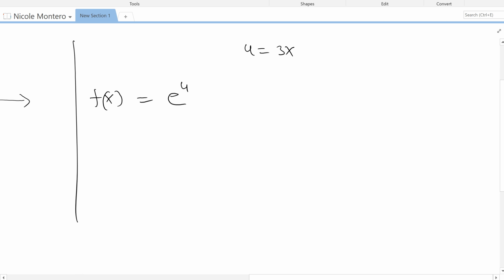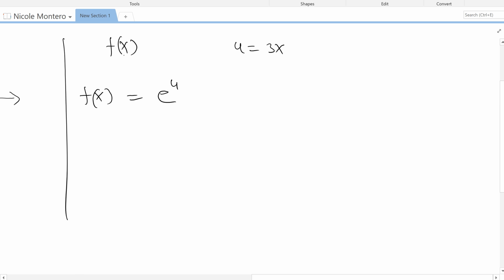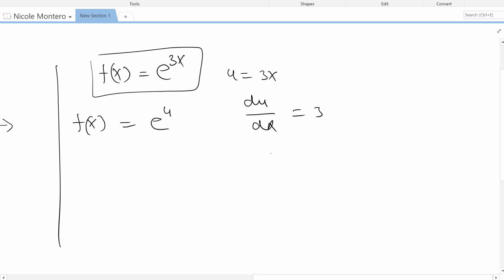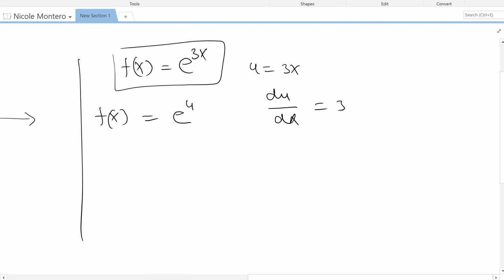For example, now that's the function, and I substitute u here, and now my u is 3x, and du over dx is going to be 3, right? So therefore du will be 3 dx. We don't have to do that actually.